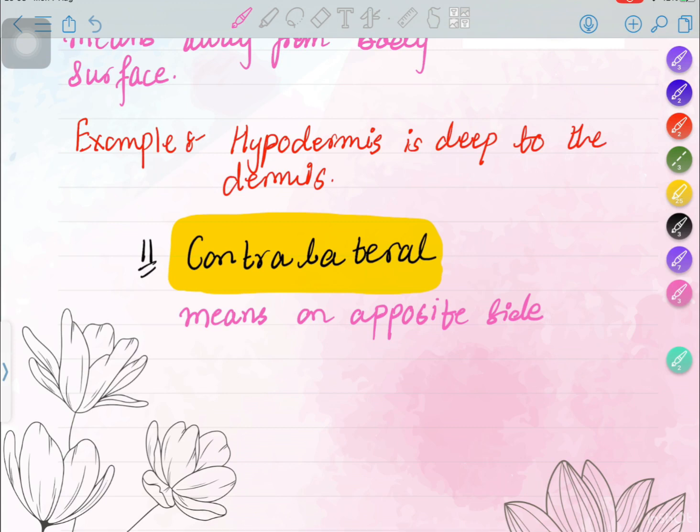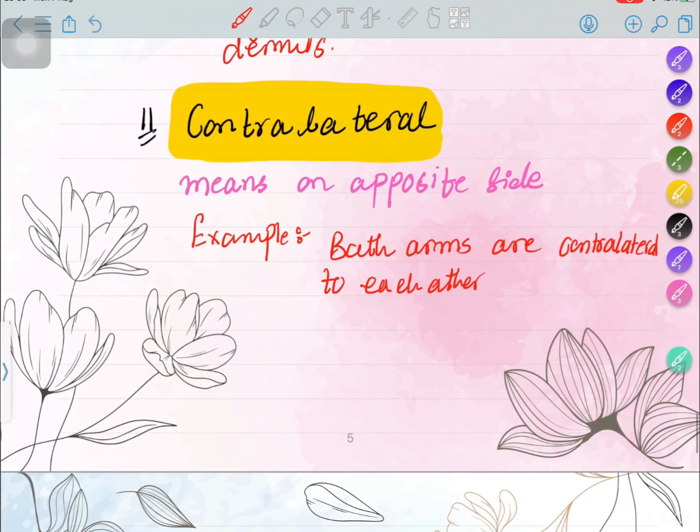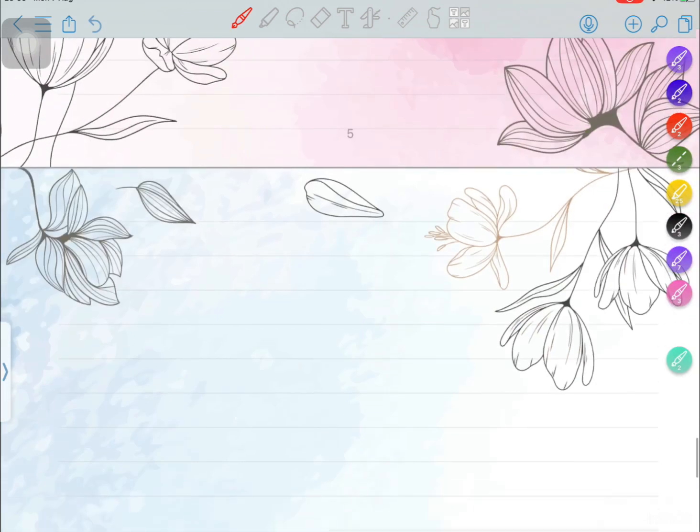Two legs are contralateral to each other. Great job. The other one you could take is that both arms are contralateral to each other, or both hands, or both feet. So this is the 11th term. Contralateral means they are opposite of each other.